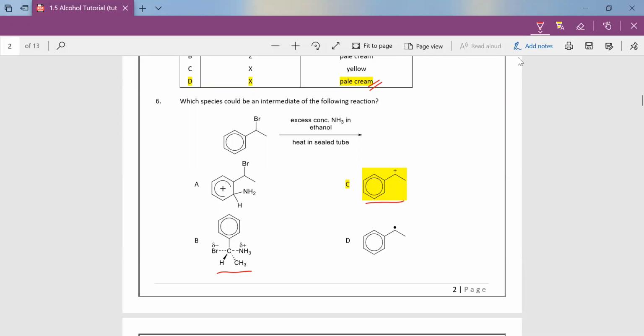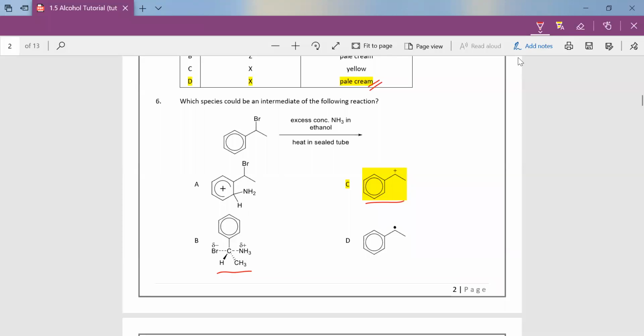We need to consider the Br, whether it is more prone to undergo SN1 or SN2.